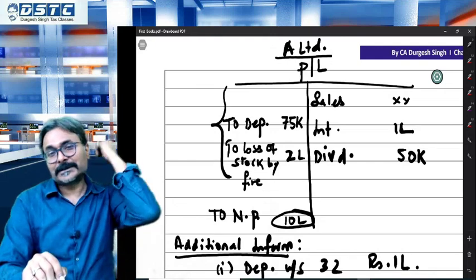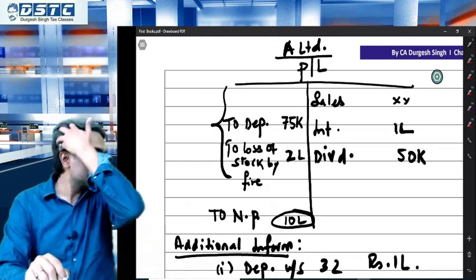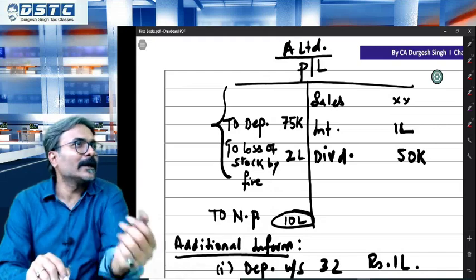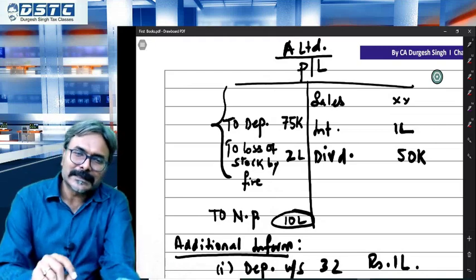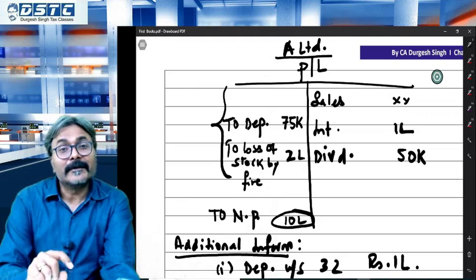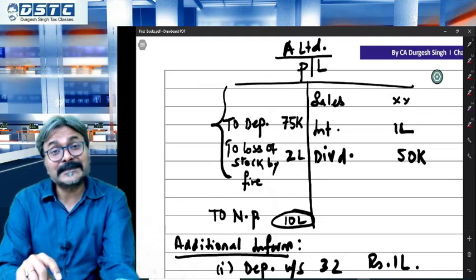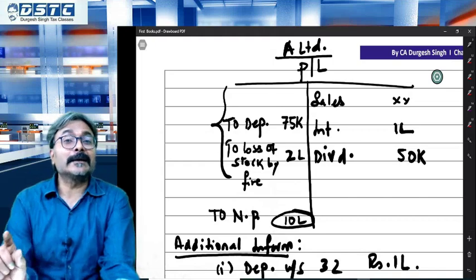To that, students, the answer is obviously no. It is not allowed to you as a deduction. Why? Because 37.1 requires the expenditure to have been incurred.